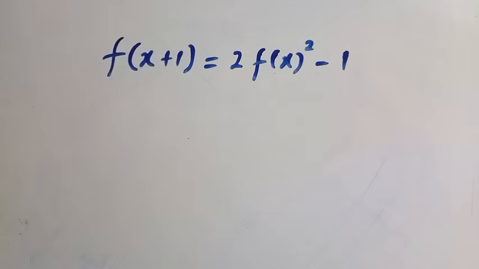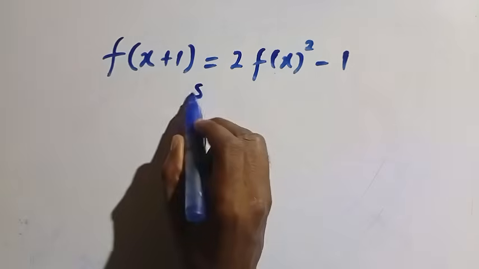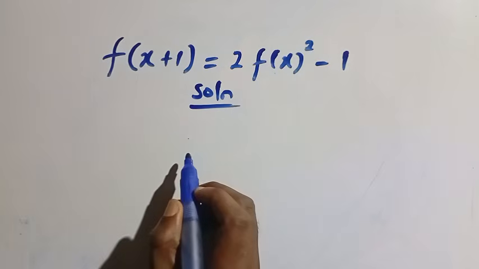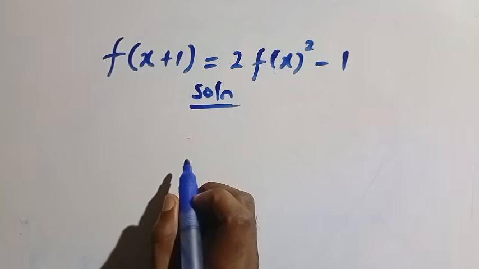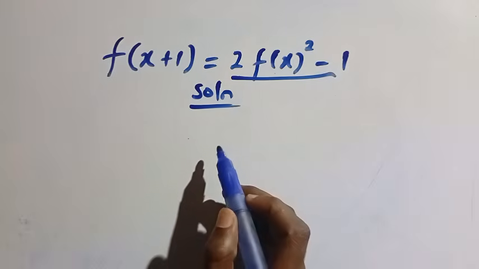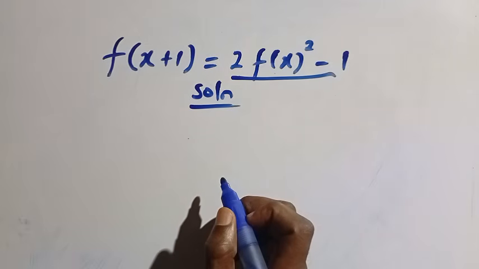Let's get into solving this problem step by step. Let's consider the solution first. We are interested in getting f(x), but looking at this right-hand side, it has given a particular pattern.